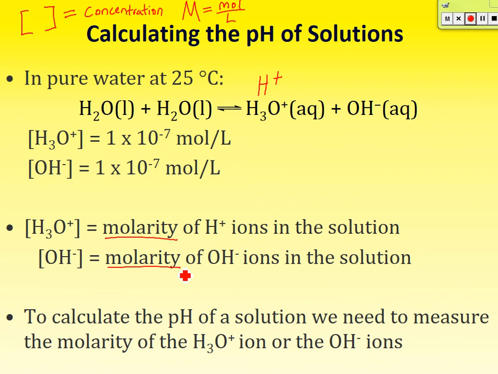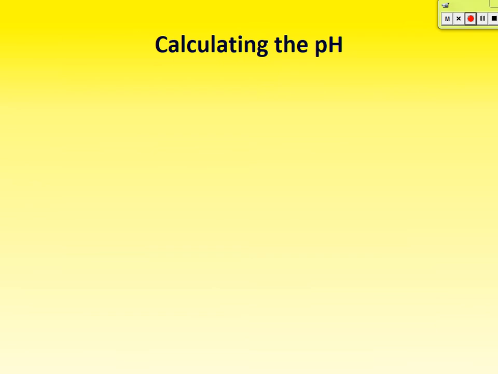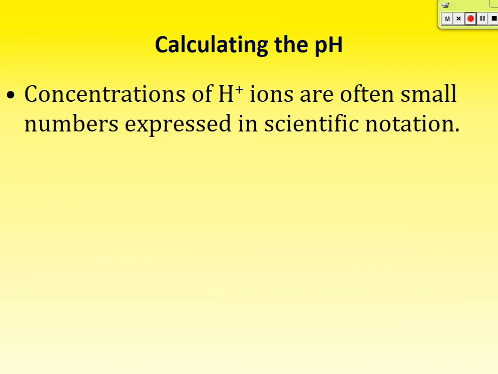So to calculate the pH of a solution, we need to measure the molarity of the H3O plus ion or the hydroxide ion. We need to measure it in terms of its molarity. Concentrations of H plus ions are often very small. These numbers are going to be very small. So you're going to see them expressed in scientific notation.